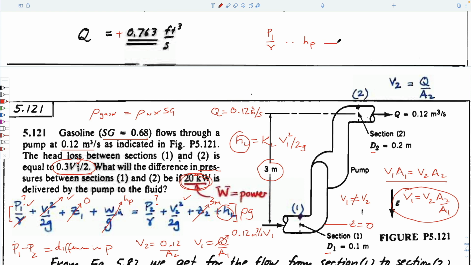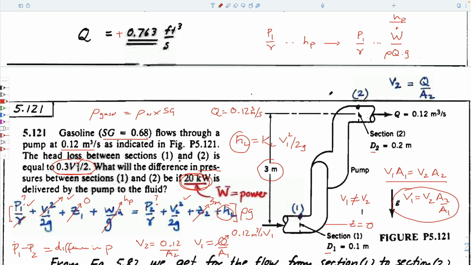So our terms then would look like P1 over gamma plus HP, which is power, divided by density times flow rate times G. That's the equation for HP.